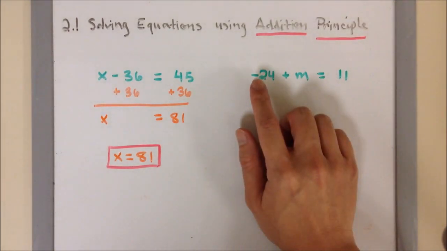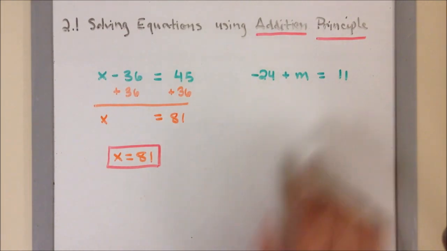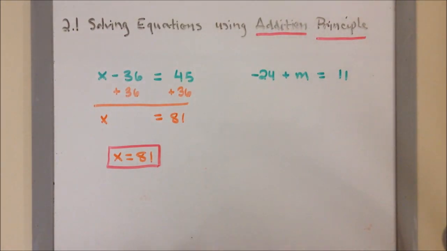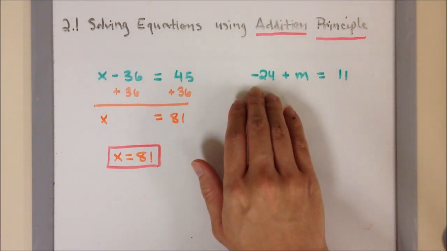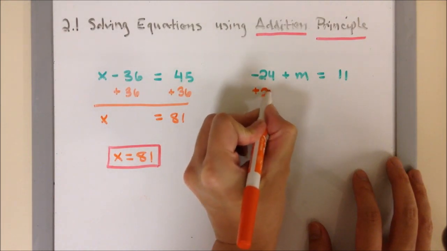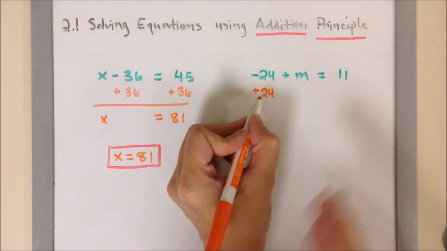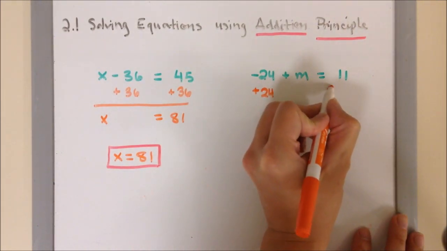Example 2, we have negative 24 plus m equals 11. Again, addition principle: since this is negative 24, the opposite will be plus 24. I'm adding 24 on the left side, so I must balance the equation by adding 24 on the right side.